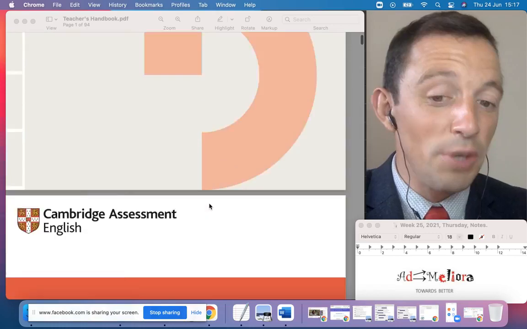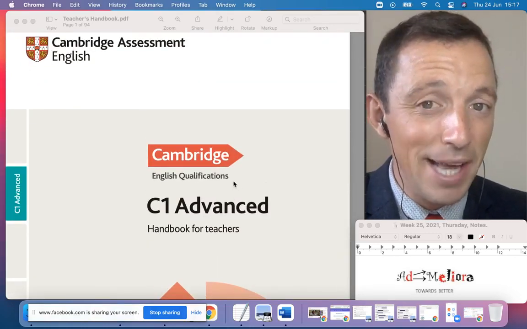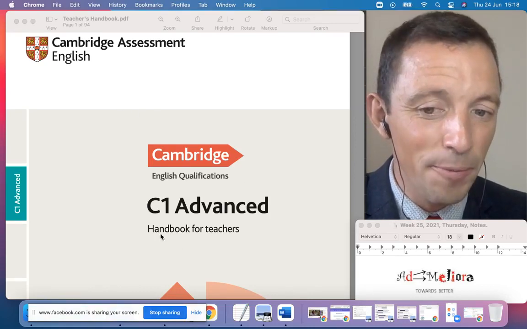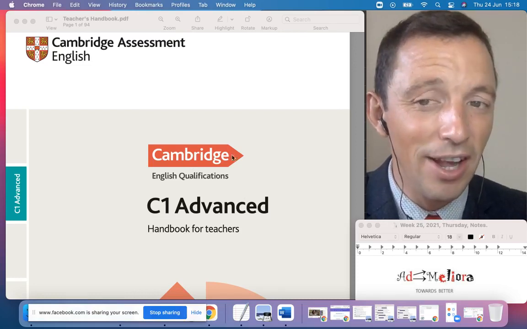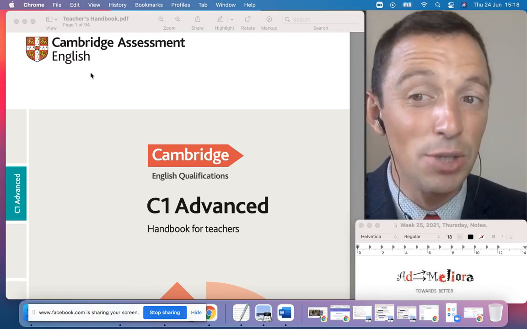So some of you are probably familiar with the exam. This book, in my opinion, is the best for me when I teach. It's called the Teacher's Handbook, and it's the C1 Advanced, and you can find this for free online. Just search C1 Handbook for the Advanced and you will find this document.